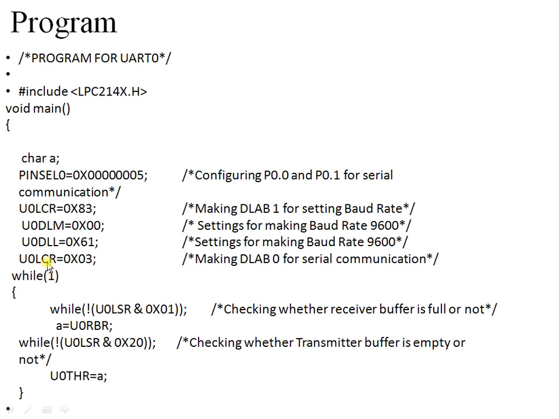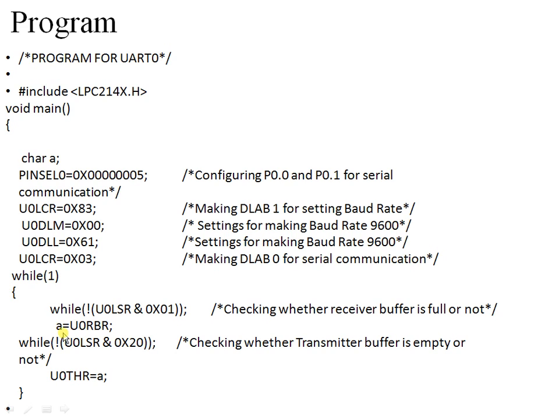Again I'm programming this LCR to 0x03, which means I'm now making the divisor latch access bit 0, so that I can access the RBR as well as THR registers. So what I'm doing here is monitoring whether the receive buffer has received any character or not. If it has received any character, then it will come out of this while loop, so that we can read whatever character or data is present in this RBR register.